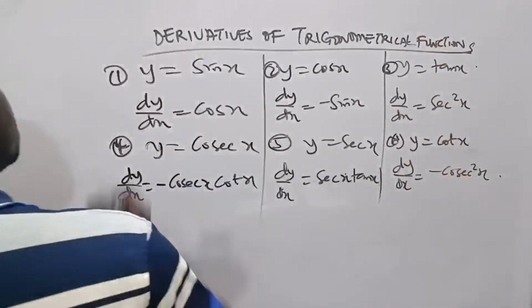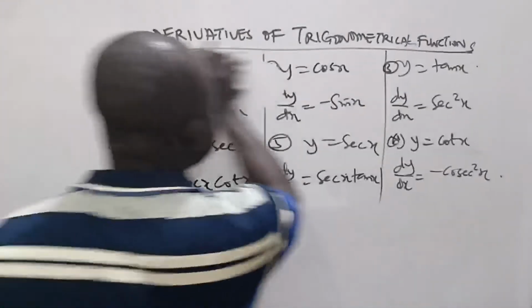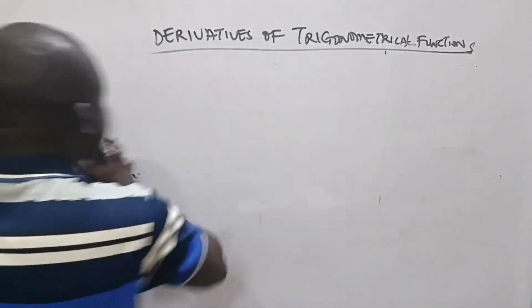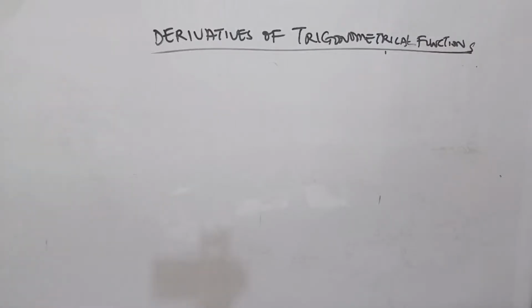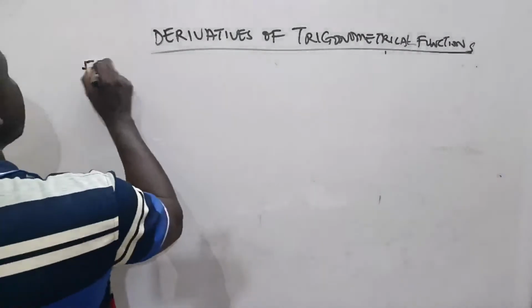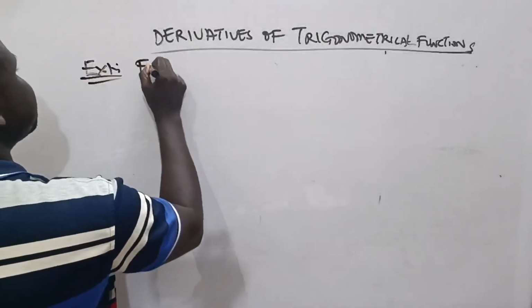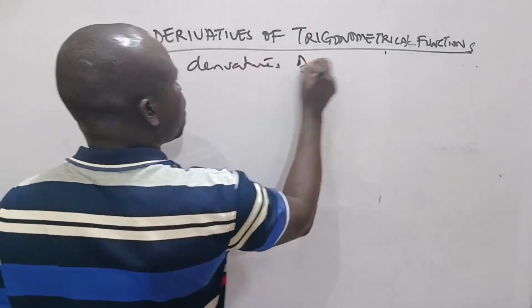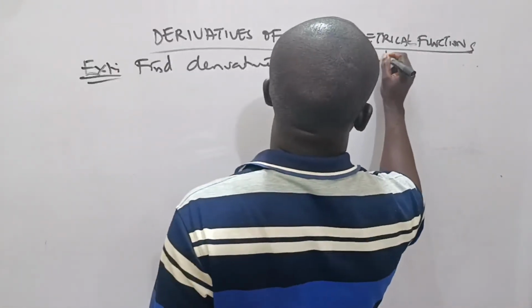So if this is taken, then I can go ahead and give examples. Let's take 2 or 3 examples on this. We can say: find the derivative of the following.